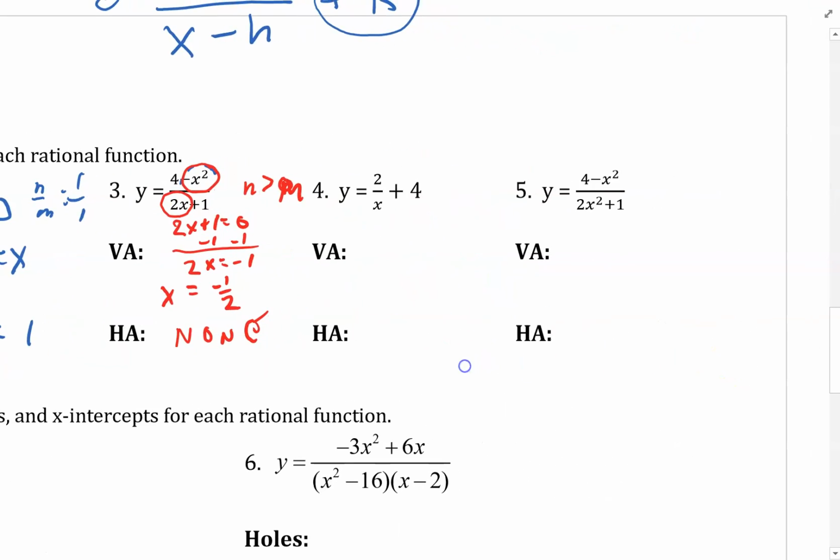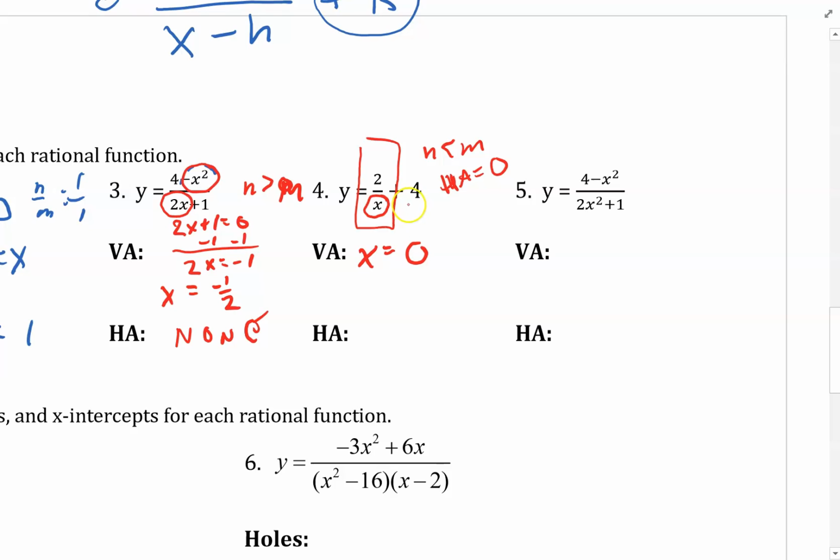On problem number 4, vertical asymptote. I'm going to set x equal to 0. Horizontal asymptote. Well, here, the first part, n is less than m. That would give us a horizontal asymptote at 0.